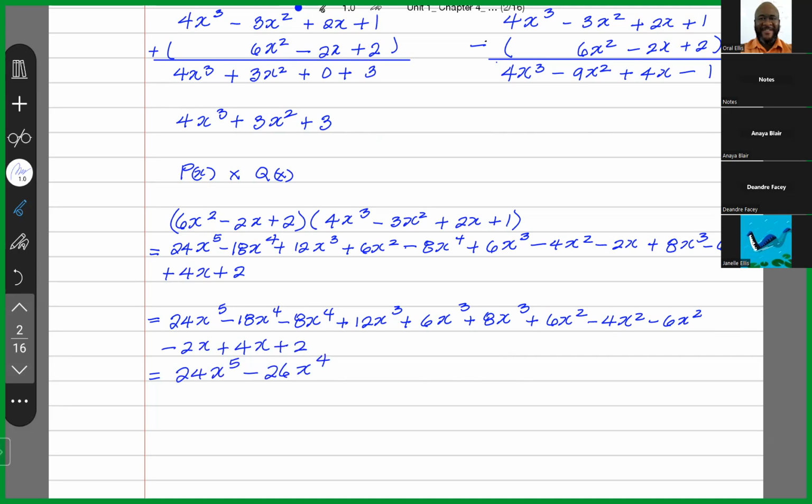Then positive 26x cubed. We have what appears to be minus 4x squared plus 2x plus 2.